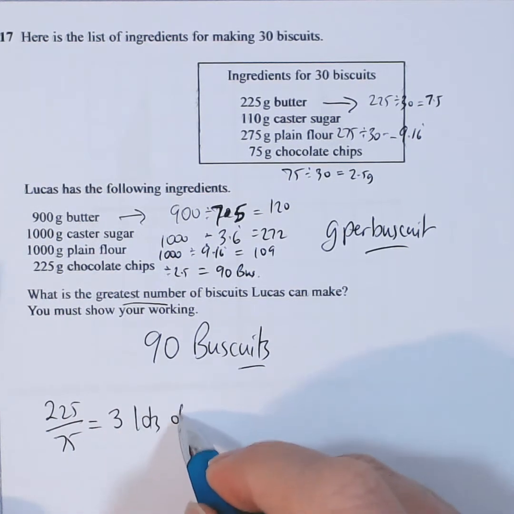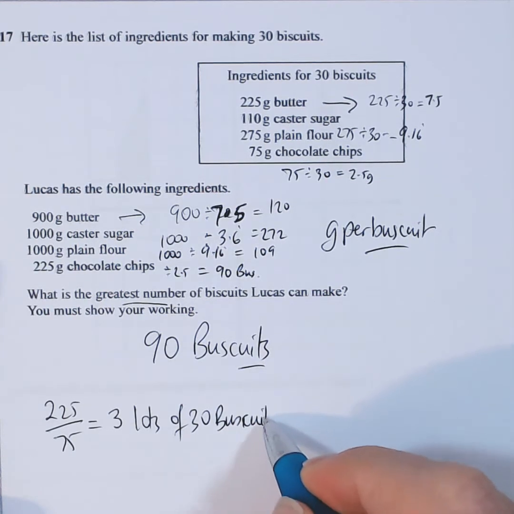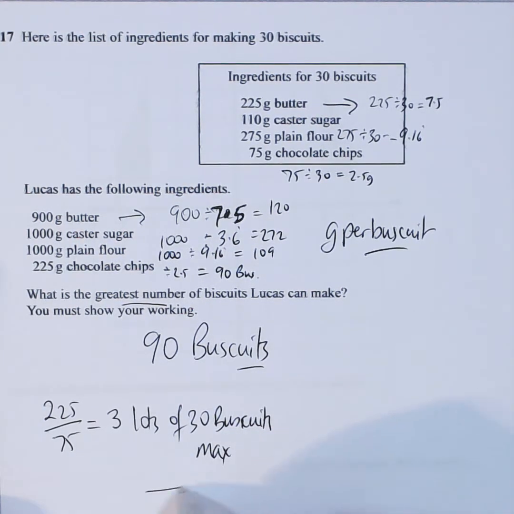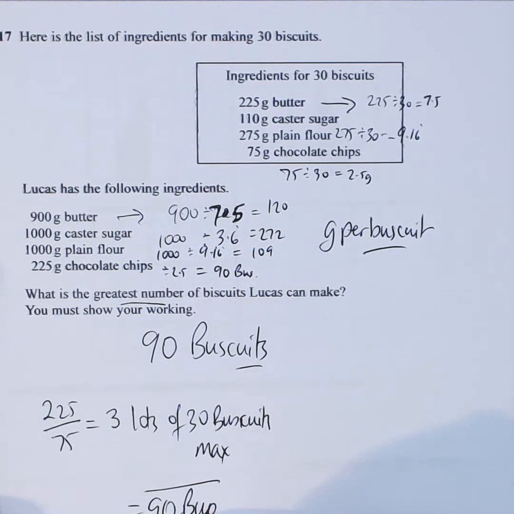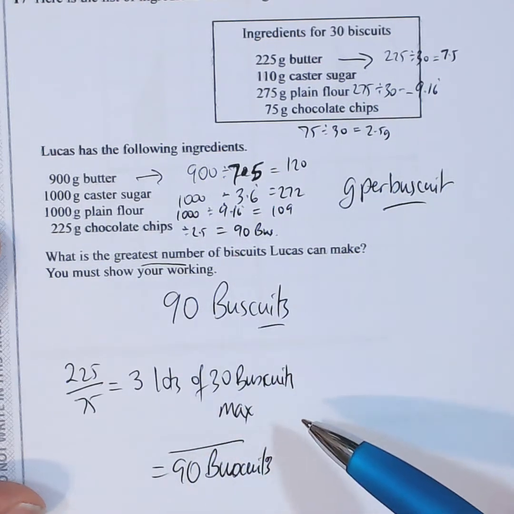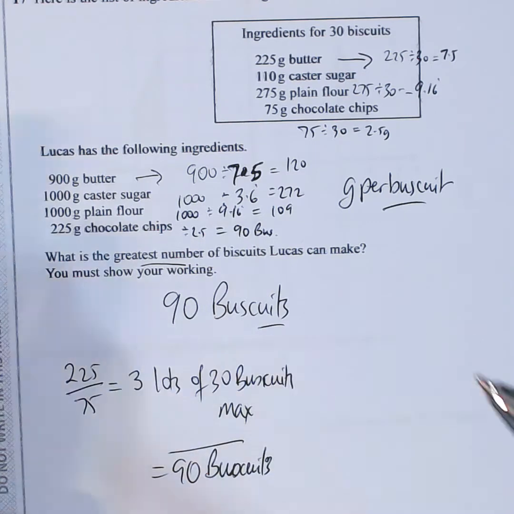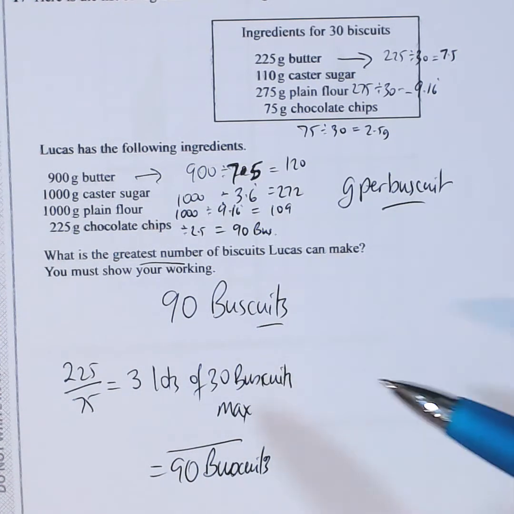So 3 lots of 30 biscuits max, which is 90 biscuits. So again, it doesn't matter which method you use, you would have ended up with 90 biscuits as your limiting factor. So that would be the answer to that question, 90 biscuits, by finding out what limits the possibilities.